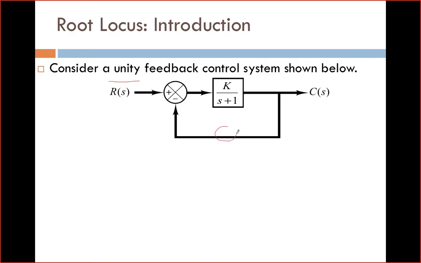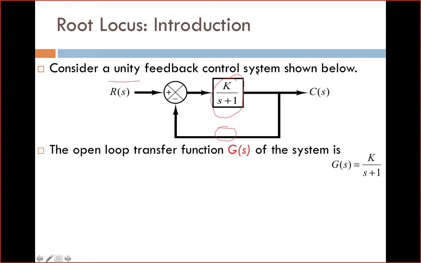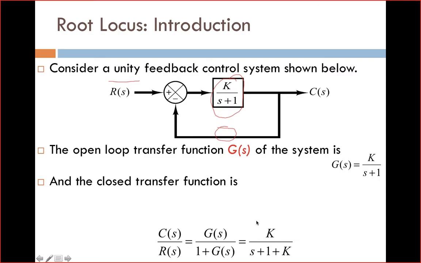So feedback is 1, and the open loop transfer function is k by s plus 1. For this control system, the closed loop transfer function C(s)/R(s) is equal to G(s) by 1 plus G(s), because H(s) is equal to 1.